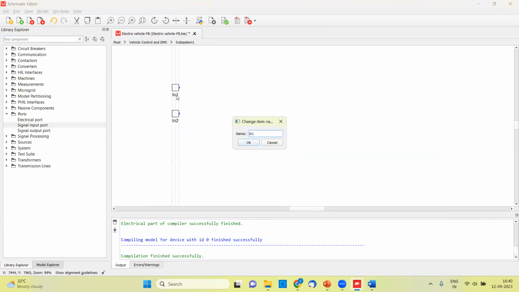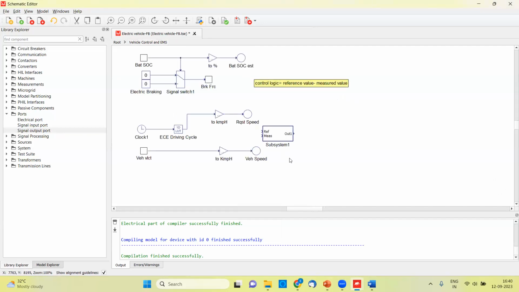First, the name will be reference. Second, the name will be measured. And there will be one output which will be generated from this control logic. Right now I am not doing anything inside this controller. I'm just going to come back out to my main controller logic window.